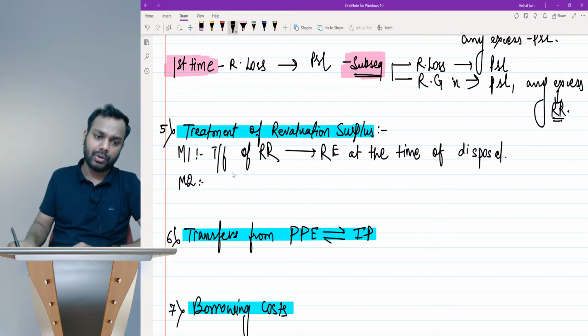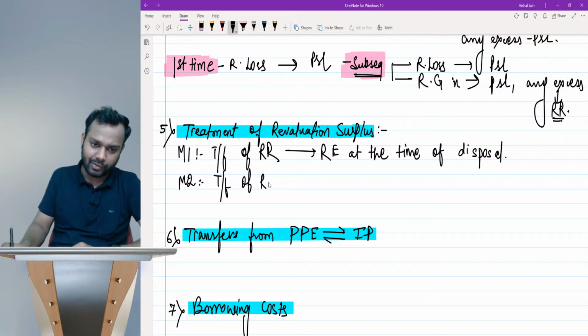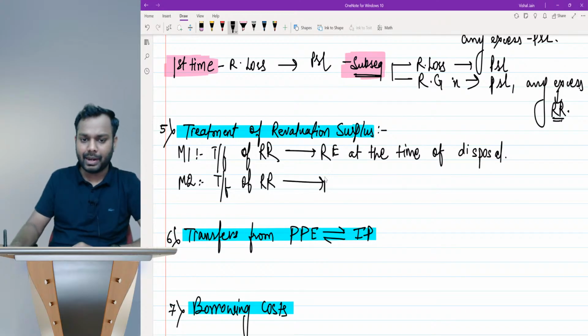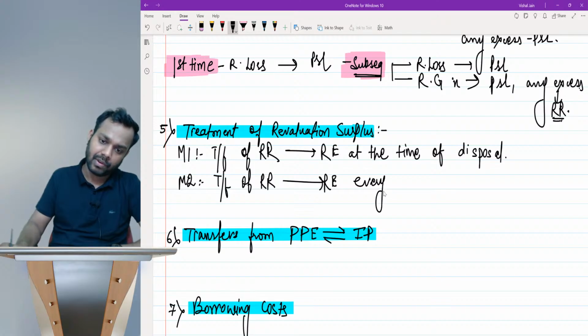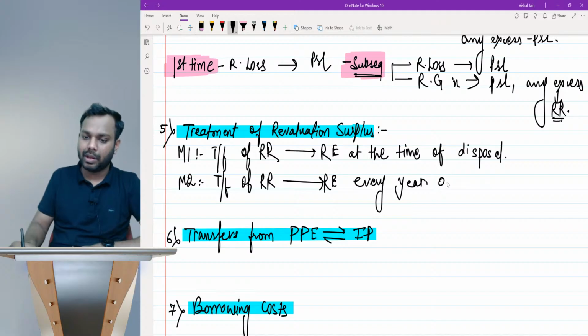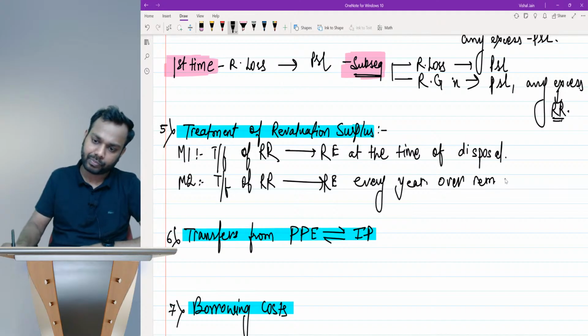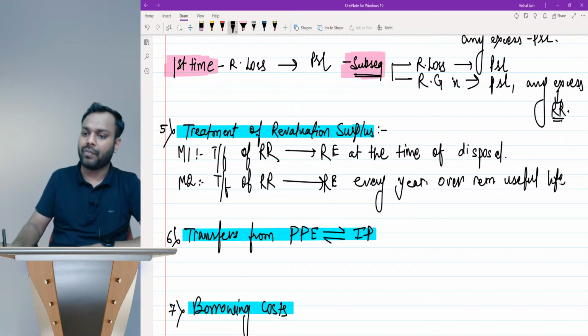What is method number 2? Transfer of retained revaluation reserve to retained earnings every year over remaining useful life of asset.